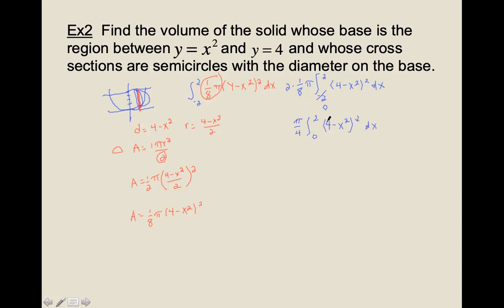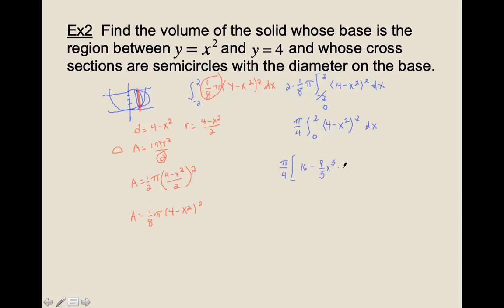This is what we had in the last problem. We had this 4 minus x squared. When we found the antiderivative of that, we ended up with, that was 16, so 16x minus 8/3 x cubed. And you can look back at your notes.